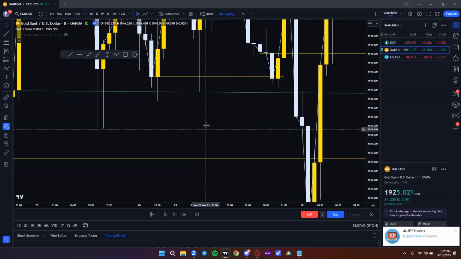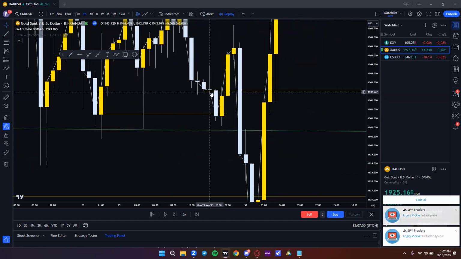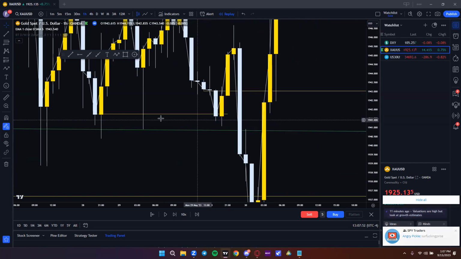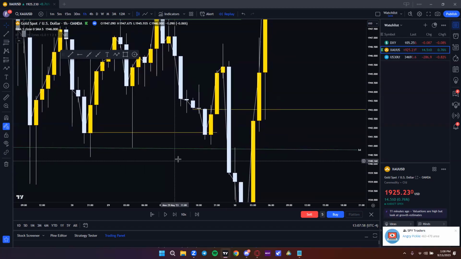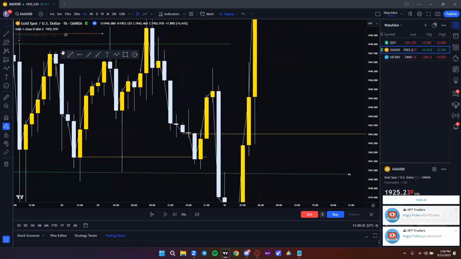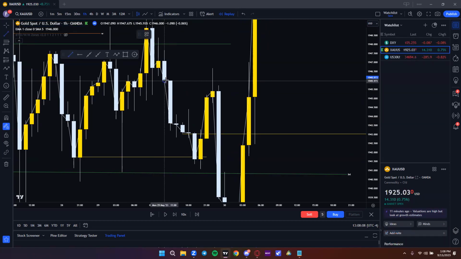So this open and close level broke this SNR. It gave us indication of a breakout. What did price do? Price pulled back up, tested this level here.